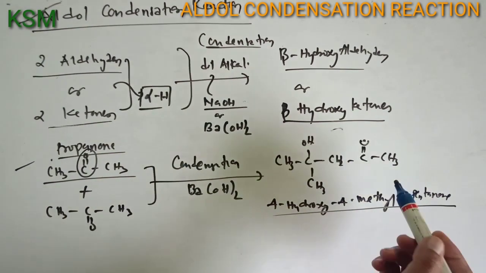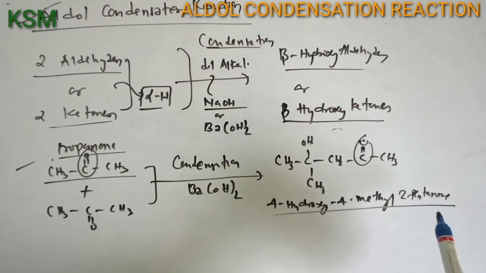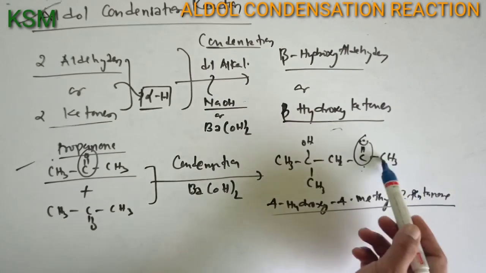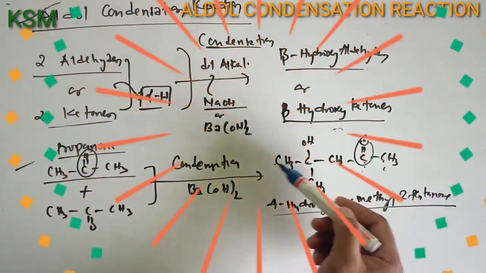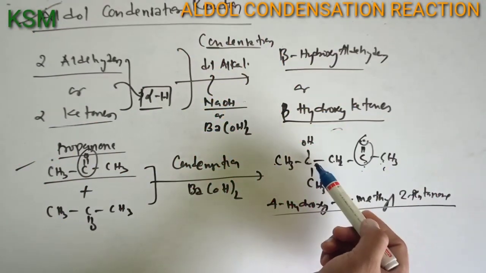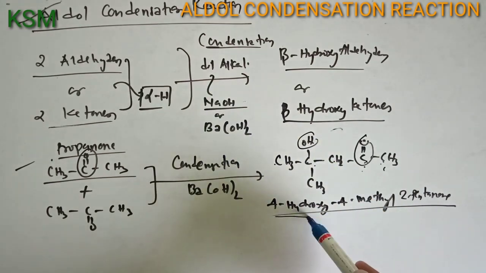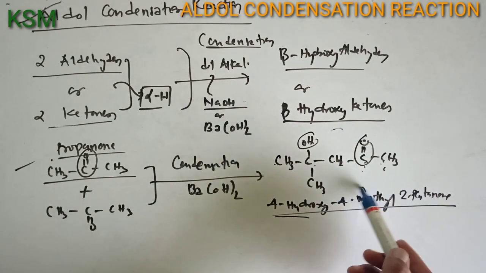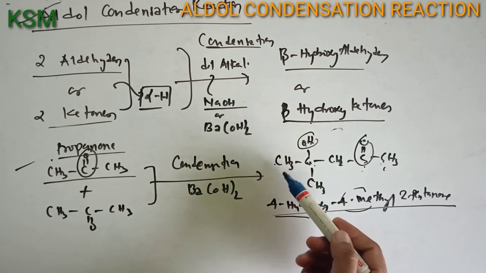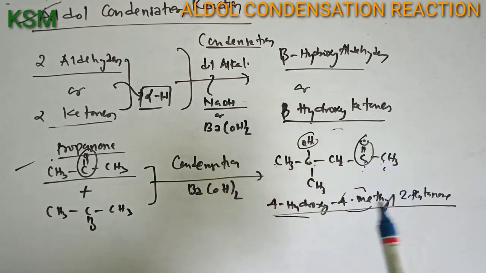So you can observe that this is the functional group. It is at second position, 1, 2. So 2-pentanone: 1, 2, 3, 4, 5, five carbon atoms in a long chain. At the fourth position a hydroxy group is there. At the fourth position only a methyl group is there. So 4-hydroxy, 4-methyl 2-pentanone.